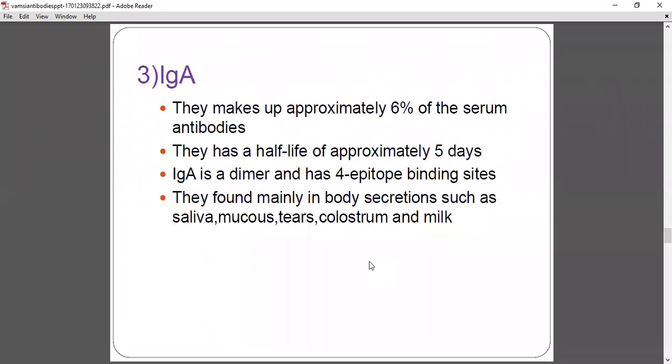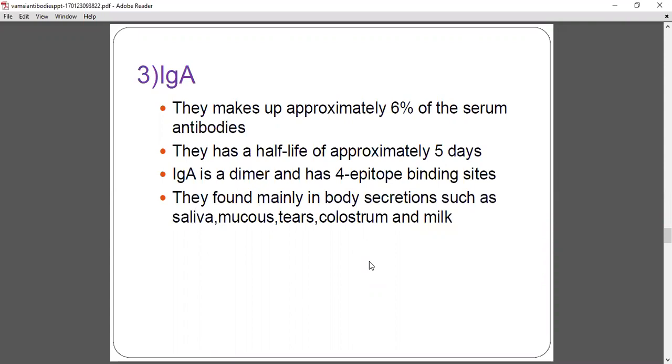IgA. This is very, very crucial. Something that must be taken very seriously because we're going to meet it when we talk about clinical immunology, because IgA is protective to the newborn child and is available in large concentrations in breast milk. Now, there are 2 types of IgA. There's one which is actually secreted into the serum and one which is mucosal bound.